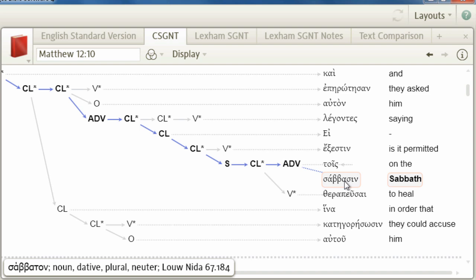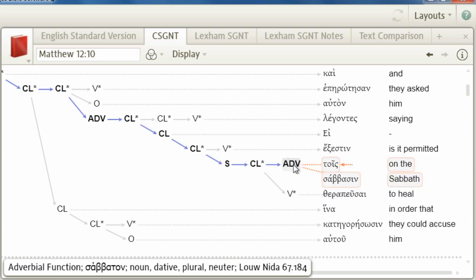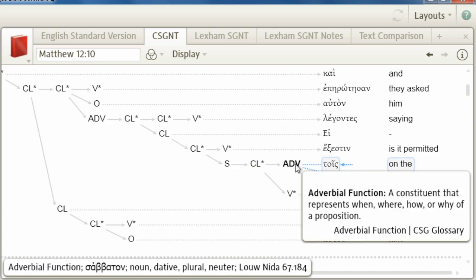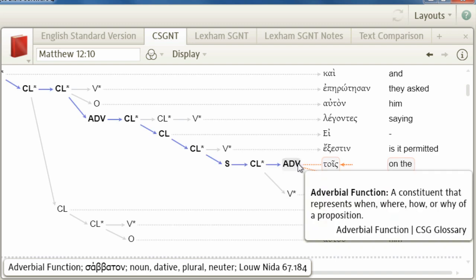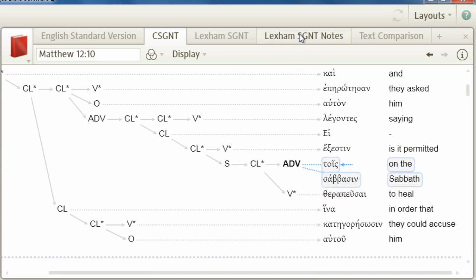And we can see that it's annotated not as an indirect object, that is IO, but as having an adverbial function. That is, it tells us something more about the verbs around it. It is permitted and to heal. If we want to take a look at the specific use of this dative, we need to go to the Lexham Syntactic Greek New Testament.